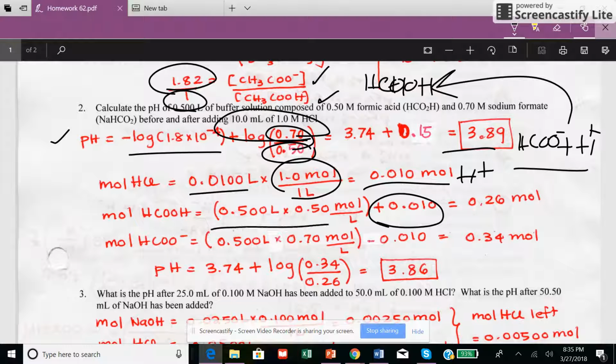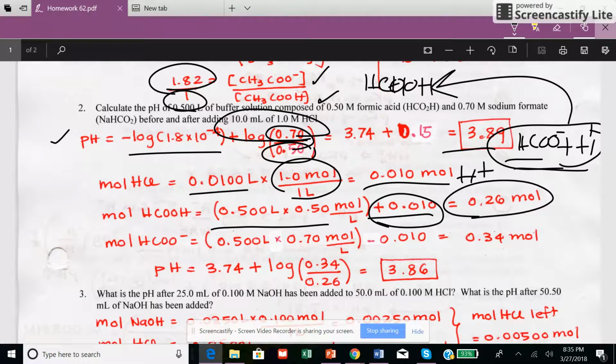So this is the mole of the acid that you have originally, formic acid. And this is the amount of formic acid that formed from the reaction of formate ion and H plus. So at the end of the reaction, this is the amount of formic acid that you have. Now the formate, because some of the formate has to react with H plus, some of it will deplete.